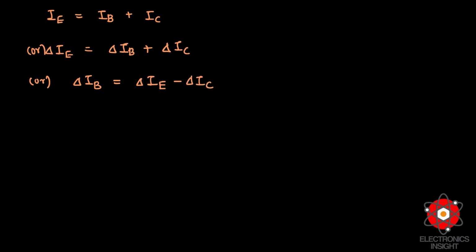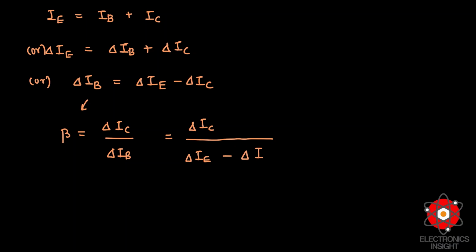So now we have to substitute the value of del IB in beta, because beta we know is del IC by del IB. Now you understand, right? Why do we take del IB from the del IE expression? Now we have to substitute this here in the beta expression. Therefore, in the numerator, we will have del IC, and del IB will be del IE minus del IC.